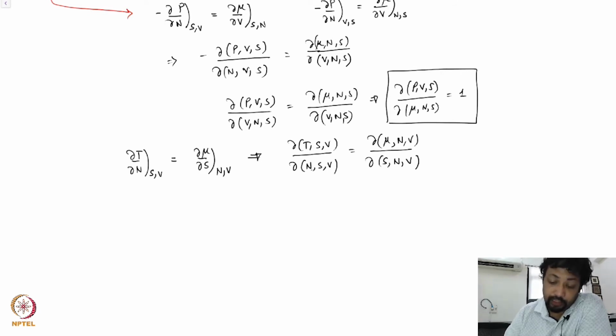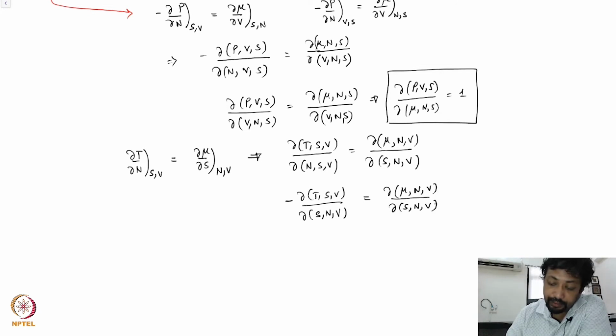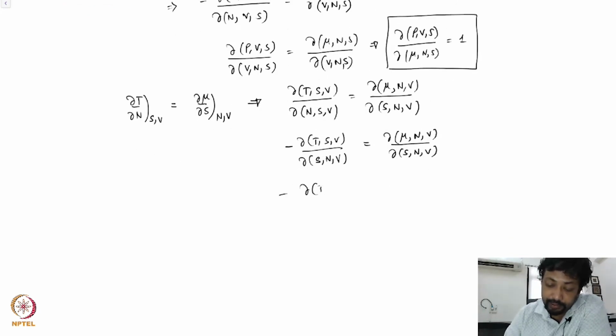Okay, so now N S, if I interchange, this becomes S N V, but I bring a minus sign in front of it, is equal to del mu N V, del of S N V, and therefore I have minus del T S V, del of mu N V is equal to 1.